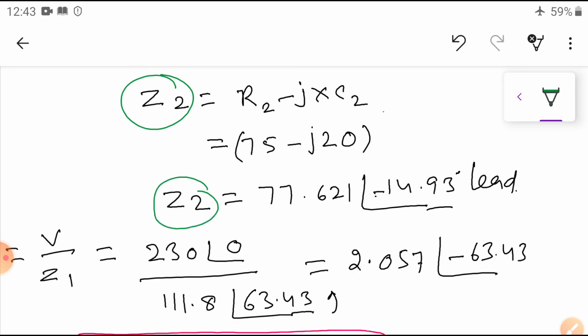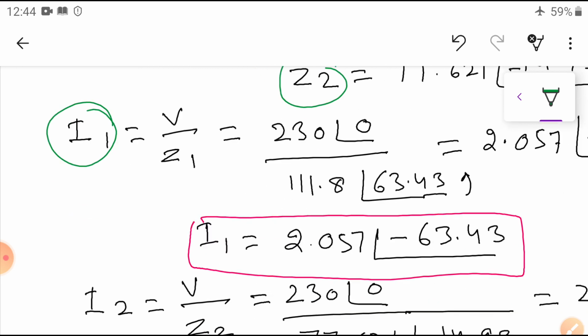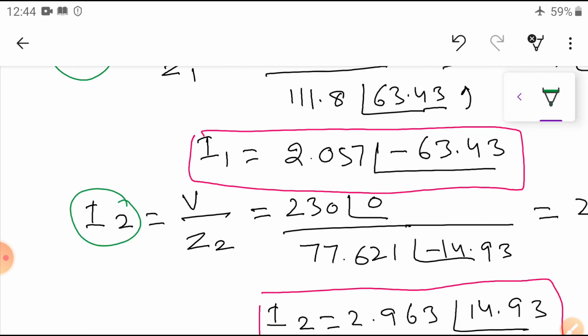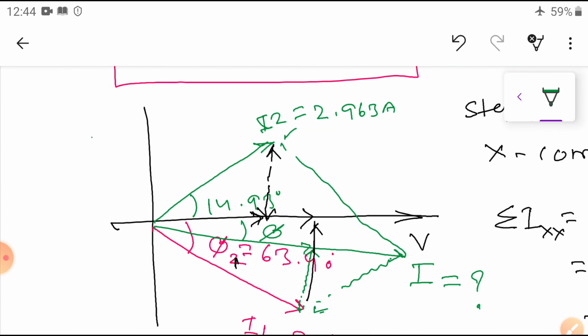After that, we calculated I1 and I2 and their angles. Based on I1 and I2, we have drawn this vector diagram using the parallelogram, and we drew the total current I.